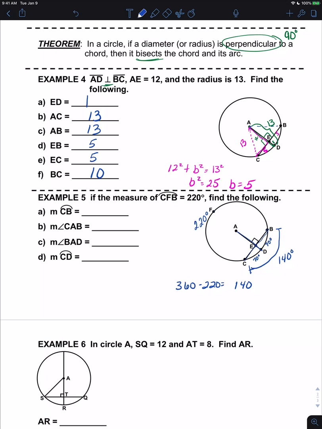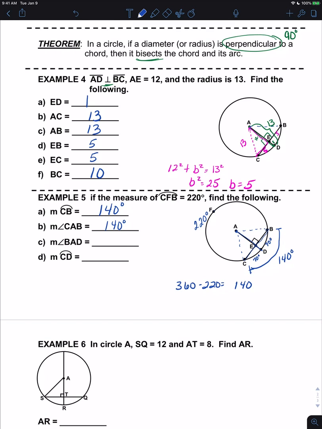Okay, well, let's see if we can answer some of our questions just based on that. We don't know any of the lengths of any of these lines right now, and we'll see if we need to know any of them. The measure of C to B is that whole thing, so that's 140 degrees. The measure of angle CAB, then remember those central angles, as long as it touches that center, is the same as the arc measure, so that would also be 140 degrees.